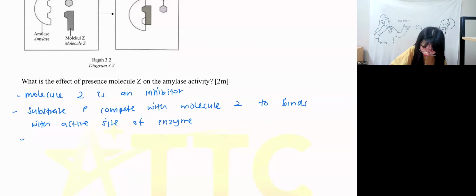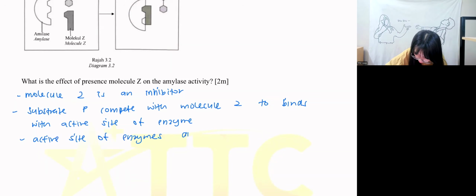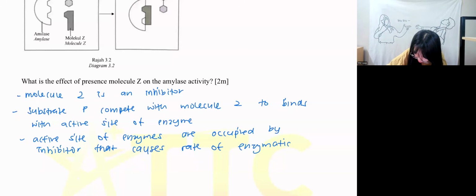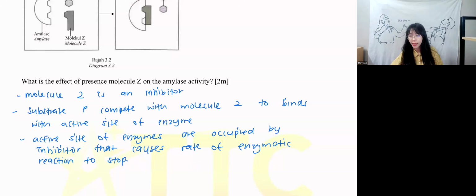Then we're going to write the active site of the enzyme is occupied by the inhibitor, that causes the rate of enzymatic reaction to stop or decrease. Stop also can, up to you.